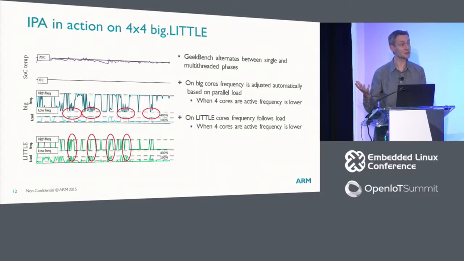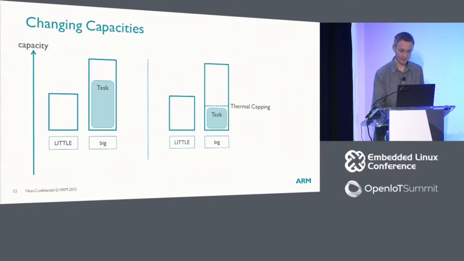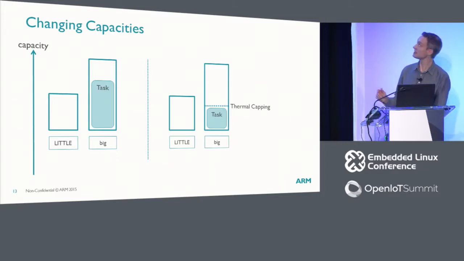Okay, and that's sort of what you expect. The big cores are there for your single-threaded workloads or bursty workloads. They're not there for running continuous, compute-intensive workloads.